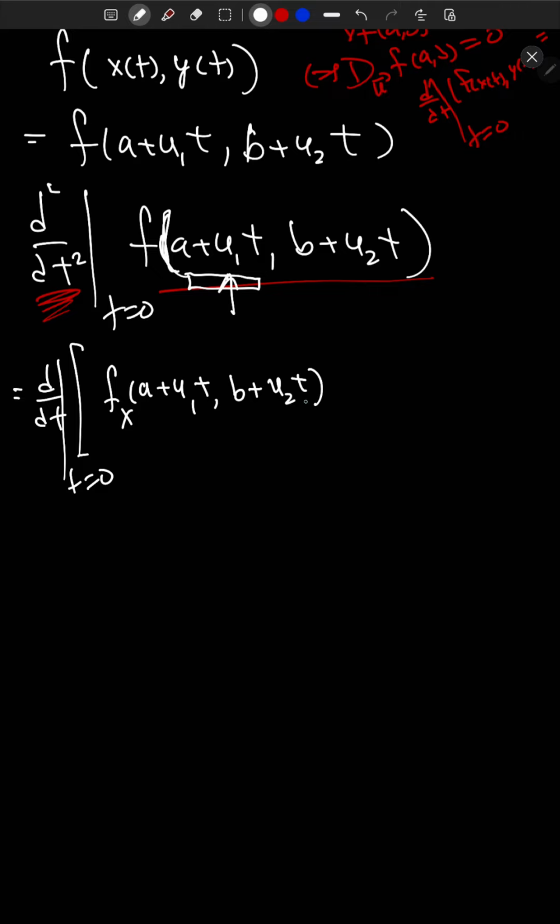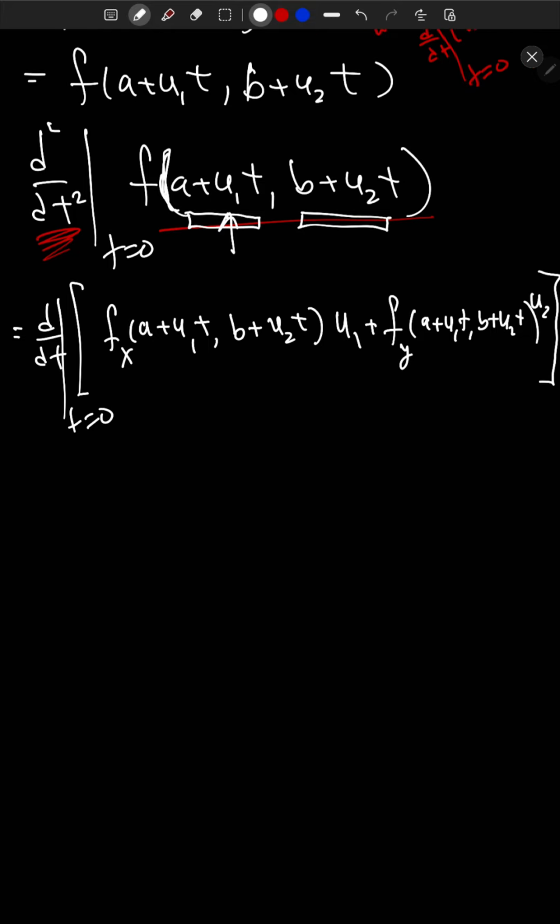All right. And then plus f sub y, df dy, at the same point, a plus u1t, comma b plus u2t, and then times dy dt. y is b plus u2t, so times u2. Again, u2 is just a constant.